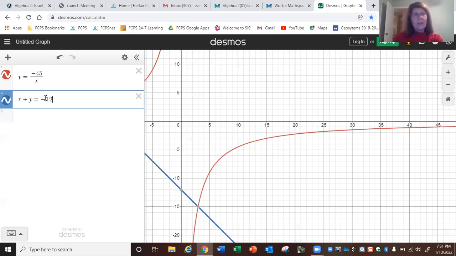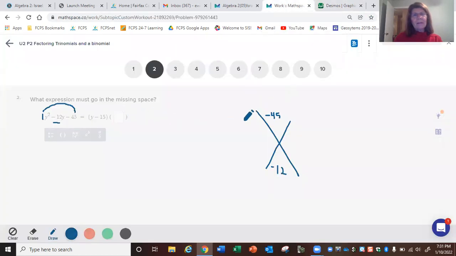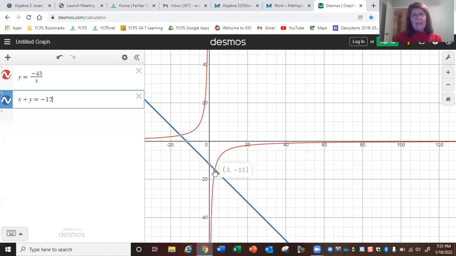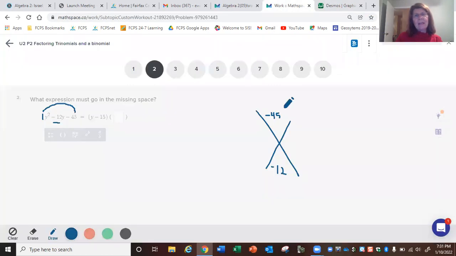When I look at where they intersect, my magic numbers are 3 and negative 15. So negative 15 and 3 are my numbers that are going to add up.